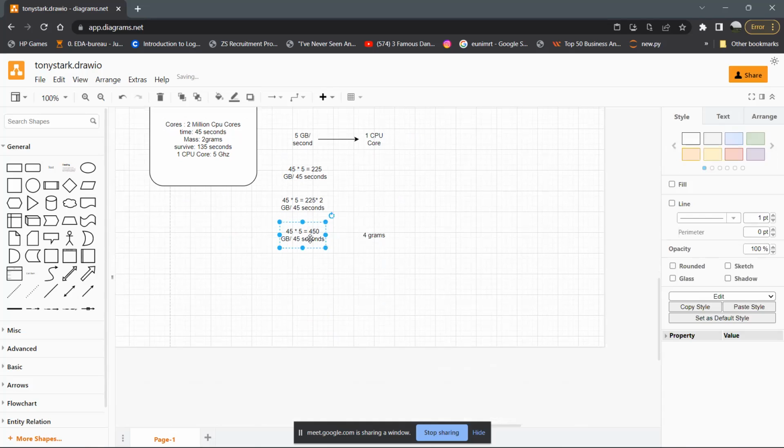Now for 5 grams, what would be the optimal? Helen, what will be the answer for 5 grams?